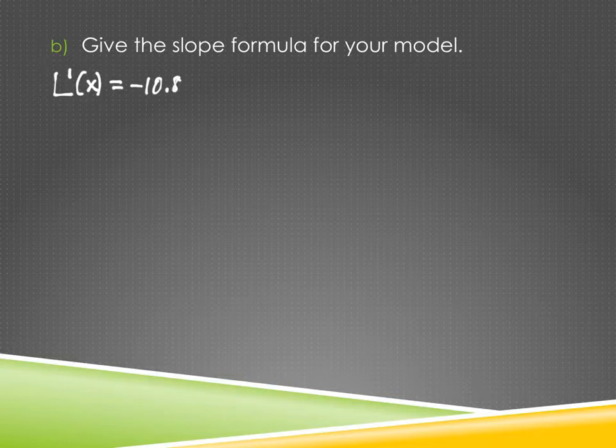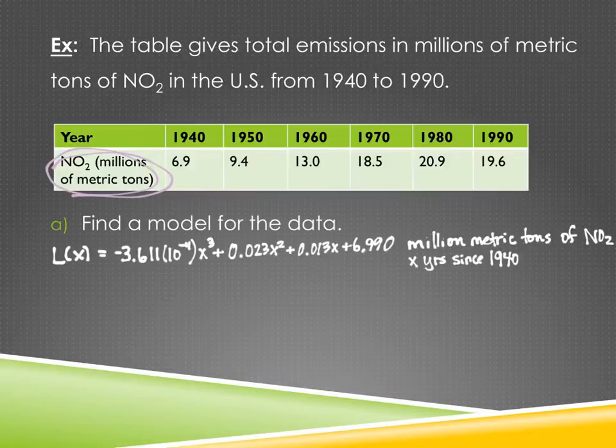Is it 833? I still have the 10 to the negative fourth, okay? But now it's x to what power? It was x cubed, now it's x squared. And then I need the derivative of, what do I have next? 0.023 x squared. So what do I get for the derivative of 0.023 x squared?